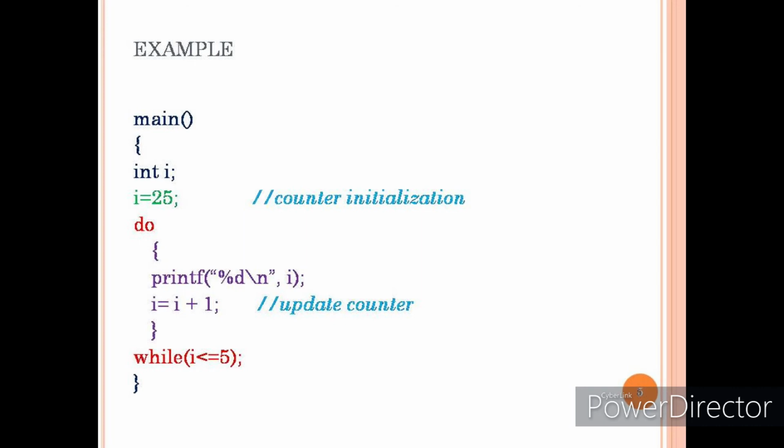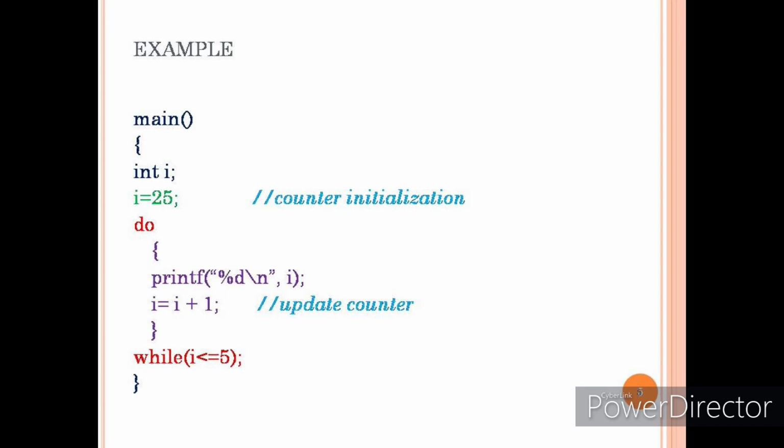Next is the do loop, and we have two statements inside the braces of the do: printf %d I and I equal to I plus 1 for updating the counter value, while I less than or equal to 5 closing bracket semicolon. So the condition is that if the statements have to be executed, the condition I less than or equal to 5 should be valid.